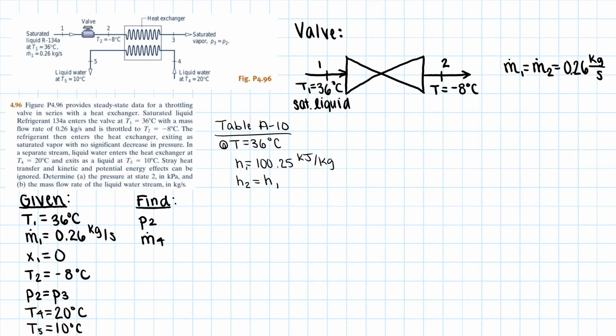It asked for P2. So at T equals negative 8 degrees Celsius, which is state 2, we got that the saturation pressure is 2.1704 bar.